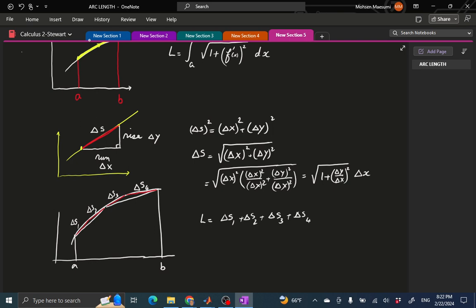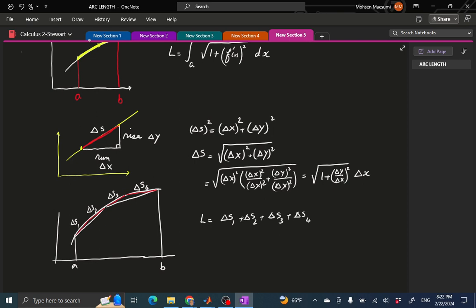If I want to get the exact length, what would I do? I just make these segments smaller and smaller so that they all tend toward almost zero, and then there will be infinitely many of them.